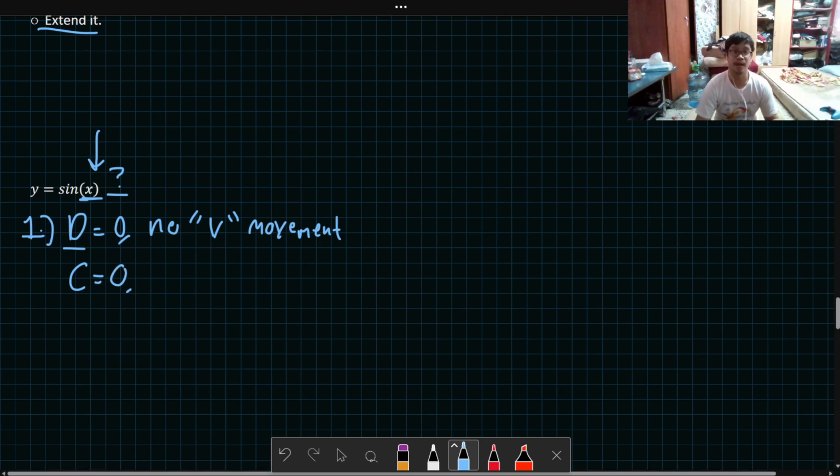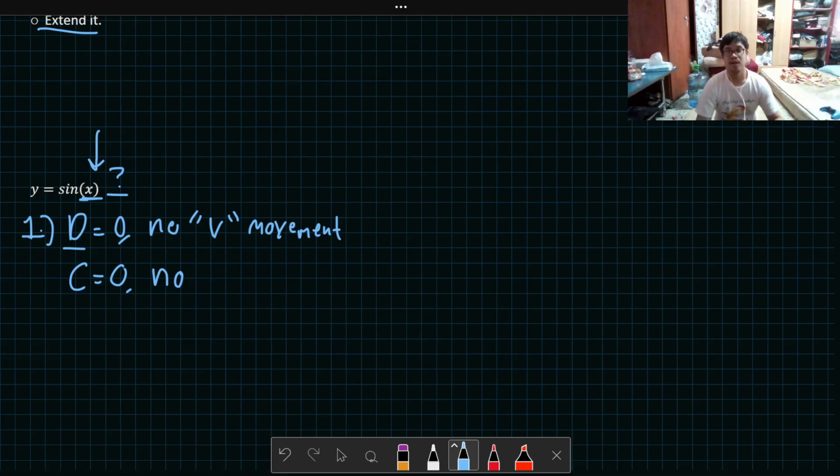So what does it imply? For D, if there is no given D, the D will become 0, in which there is no vertical movement. For the C, on the other hand, similarly, the C is 0, and there would be no movement, but horizontally.